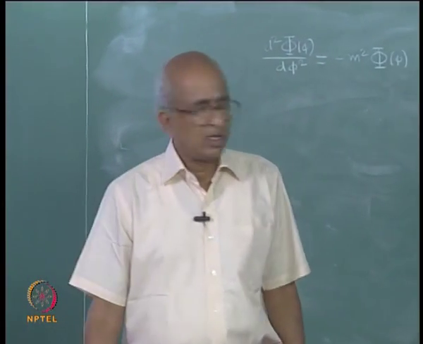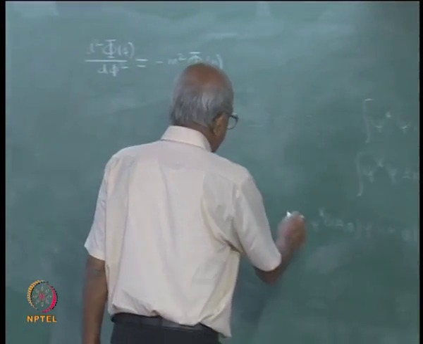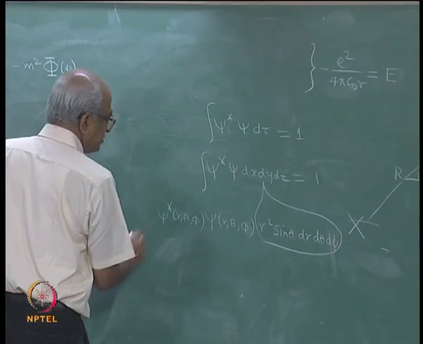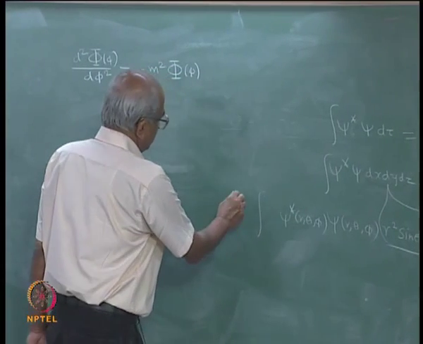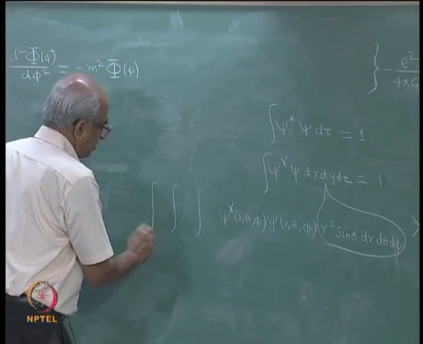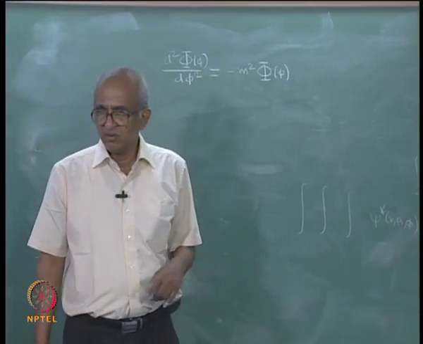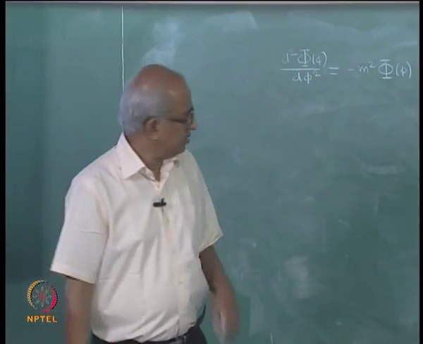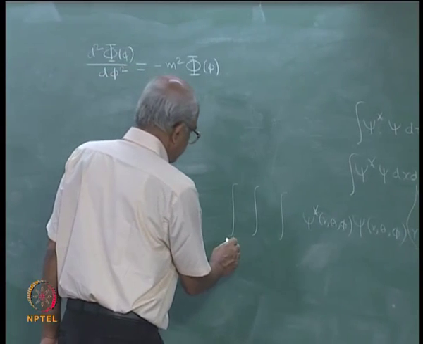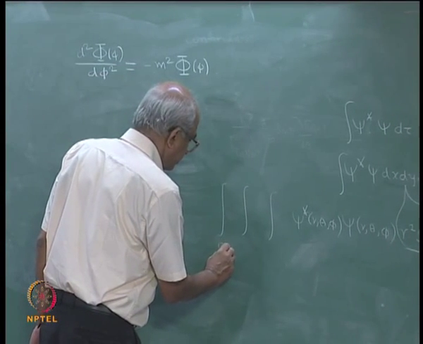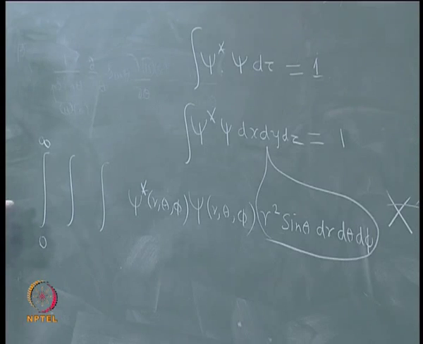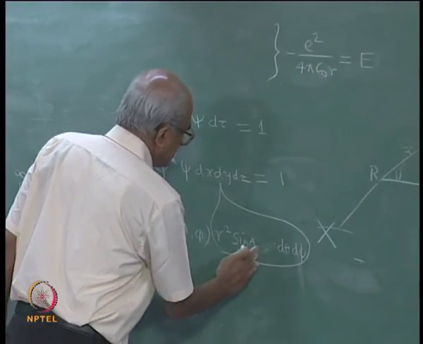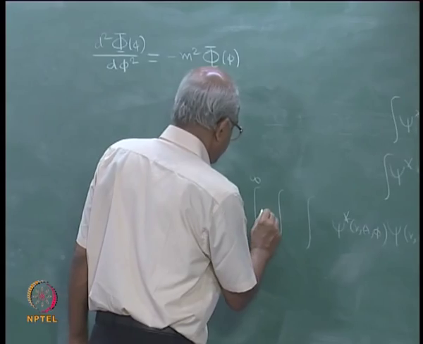Okay. And you have to integrate over the entire space. How will you do the integrations over the entire space? It will be a triple integral because you have 3 variables. Now, the variable r will vary, minimum possible value if you remember is 0, it will go to infinity. Just to remind you that this is integration over r, I will remove this dr from there and put it here.